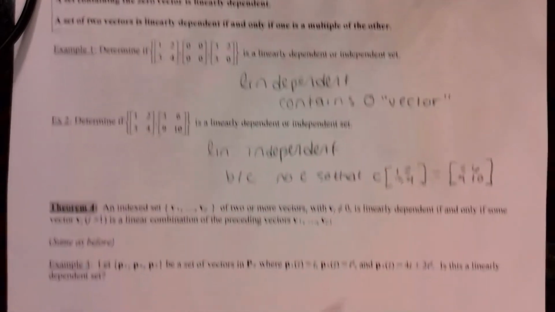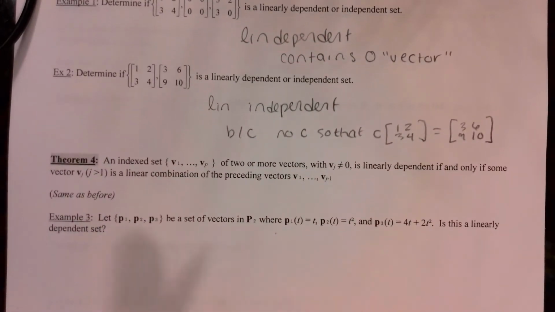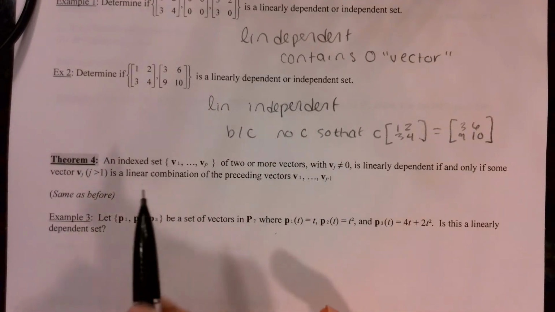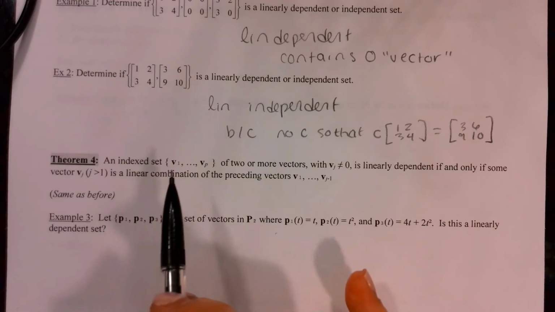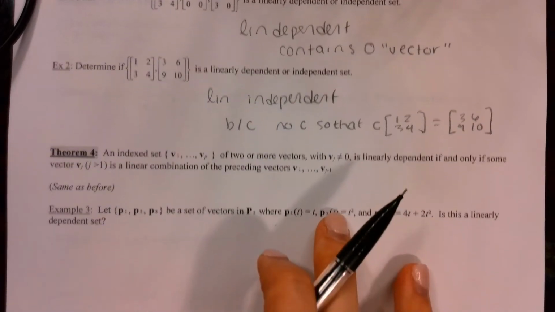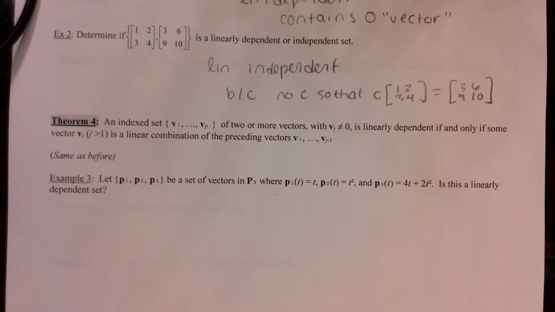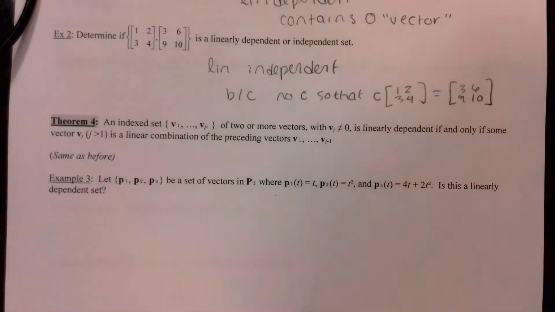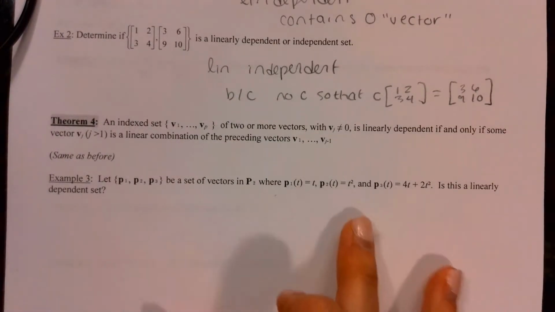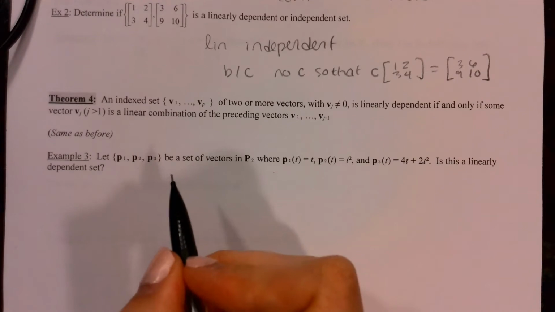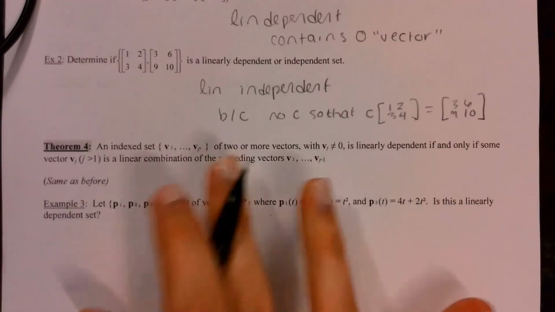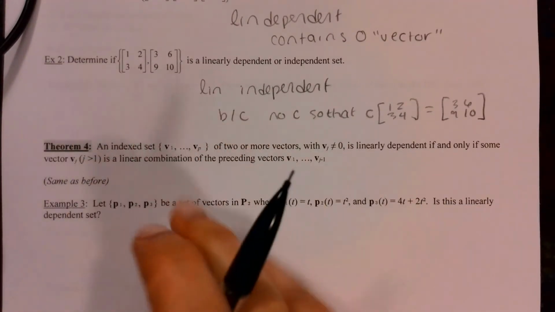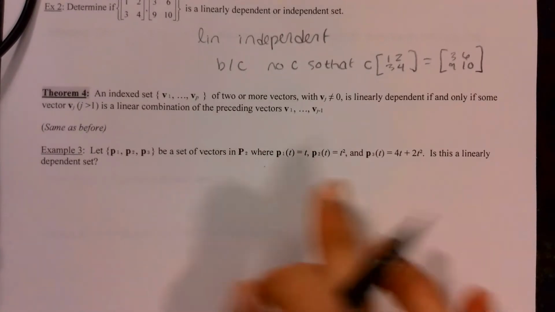And to prove that a set is linearly dependent, all we have to do is prove that one of the vectors is a linear combination of the preceding vectors. So let's try this with polynomials. Just like we were considering matrices up here as vectors, we're now going to consider these polynomials each a vector.